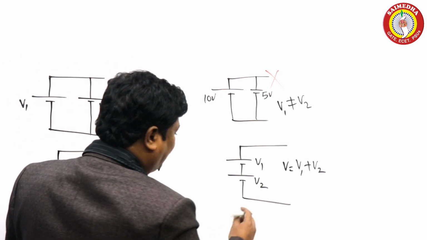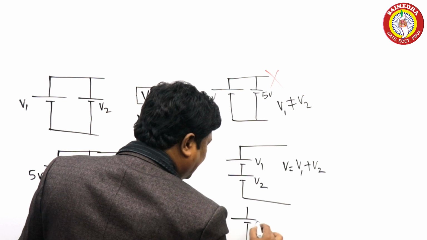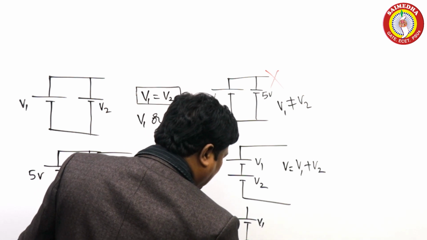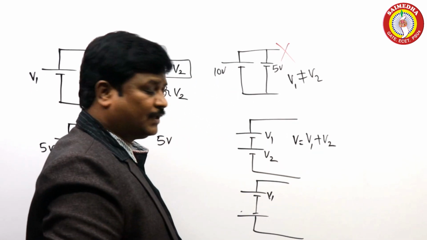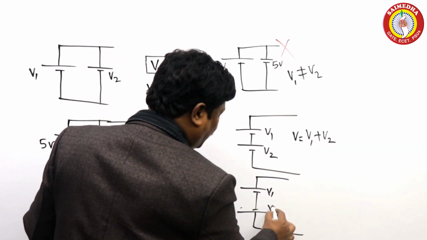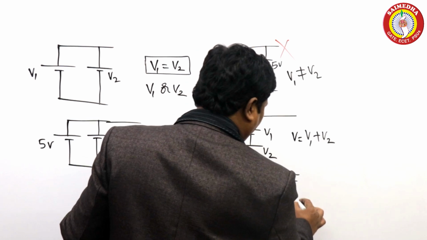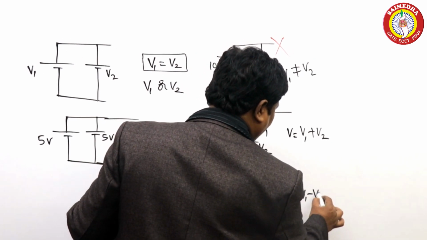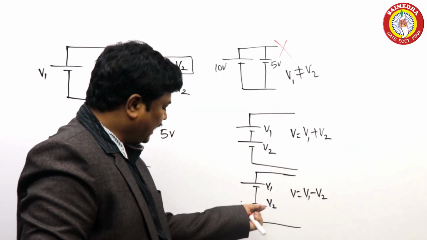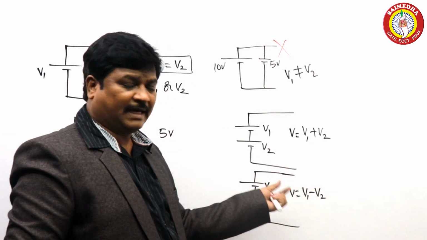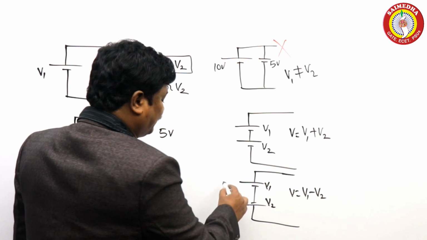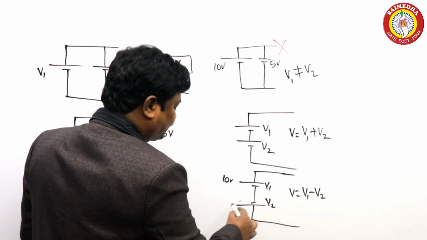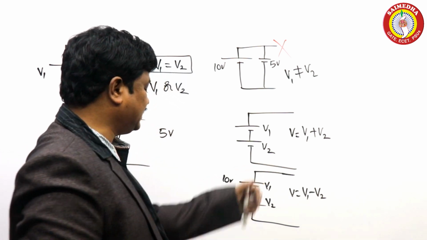Similarly, when you have a voltage source V1 here and the other source in the reverse direction, the resultant voltage becomes V equals V1 minus V2. You can write V2 minus V1 or V1 minus V2 with respect to polarity. For example, if this is 10 volts and this is 5 volts, 10 minus 5 is 5 volts.